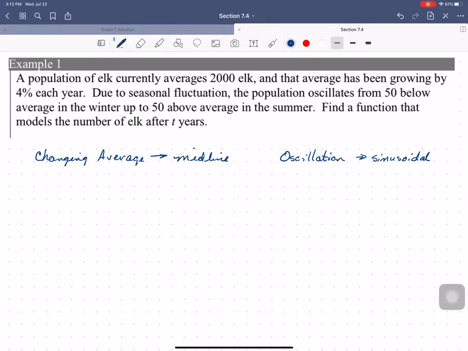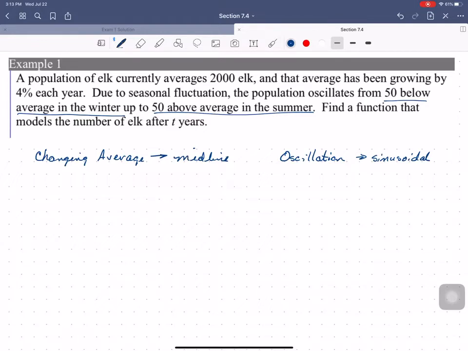So let's just think about what's happening. We've got a minimum in the winter and a maximum in the summer. So let's call winter January and summer June. Why? January plus 6 is July. Okay.